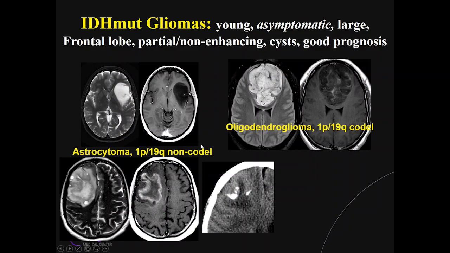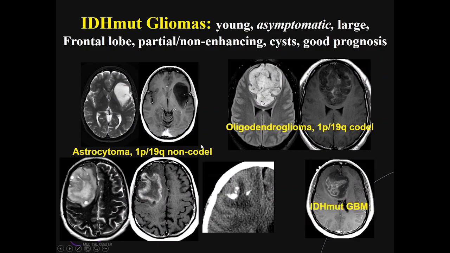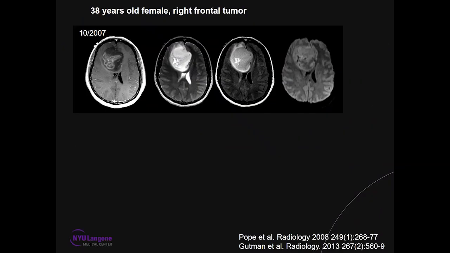And the majority of them are going to be lower grade, grade 2 or grade 3. However, there's a small percentage of higher grade or grade 4 gliomas which are going to be IDH mutated. We discussed that 5% of primary GBMs are going to be IDH mutated, and this is an example, and we'll talk a little bit more about that in the next slide over here.